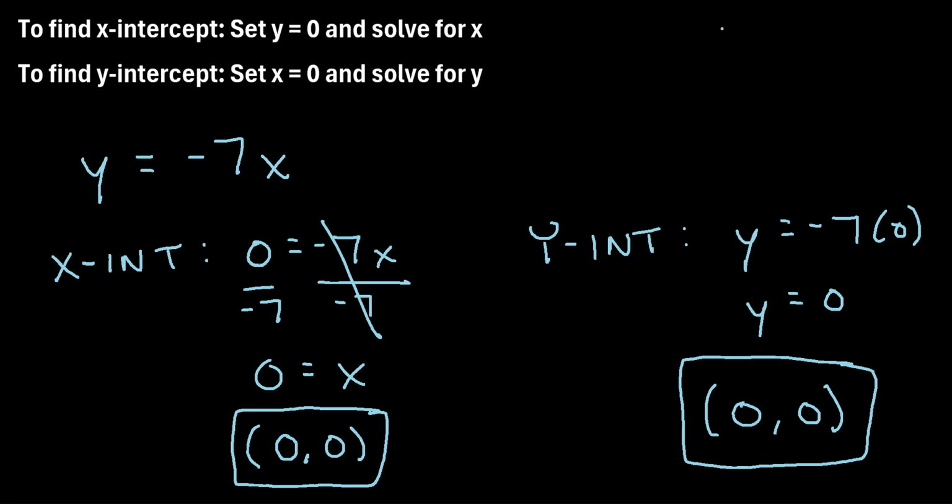All that means is if you were to plot this line, the slope is negative 7, so it's decreasing from left to right, and it goes through the origin. So it would be something like this, where it crosses the x-axis at 0, 0, and it crosses the y-axis at 0, 0. So those were just 3 different examples of how to find the x and y intercepts of a linear equation.